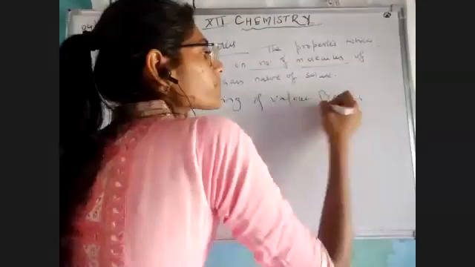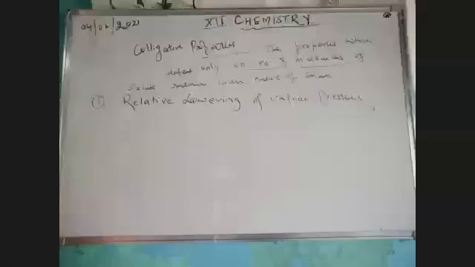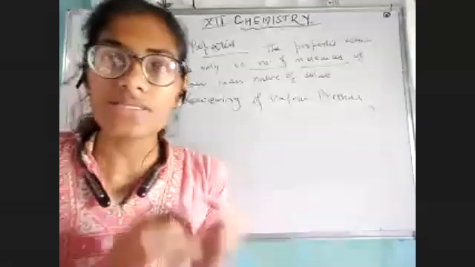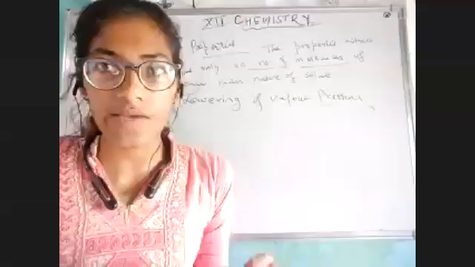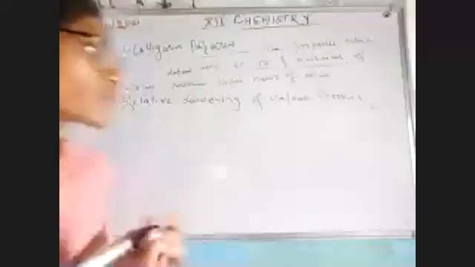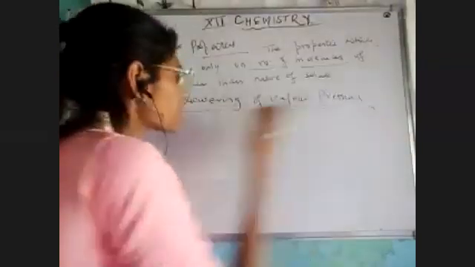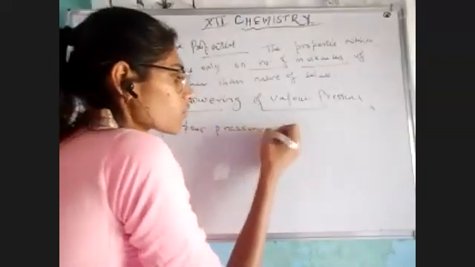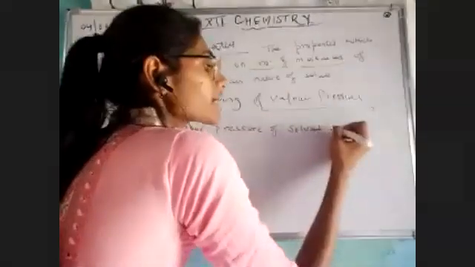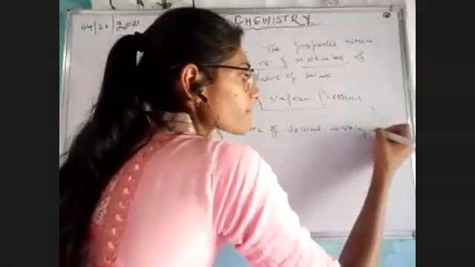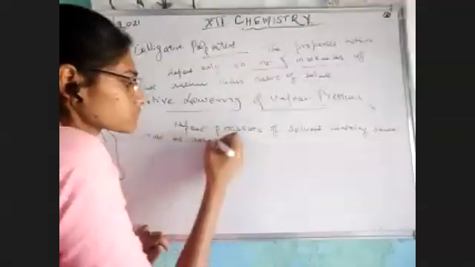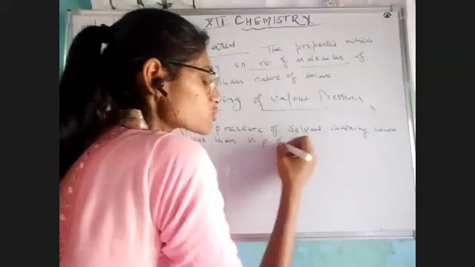Lowering of vapor pressure, as the name says, we have to check the concept behind it. That means if we have a pure solvent that has a vapor pressure, but we add a solute into it, its vapor pressure would decrease. Am I clear or not? The vapor pressure of a solvent containing solute would be less than the vapor pressure of the pure solvent.